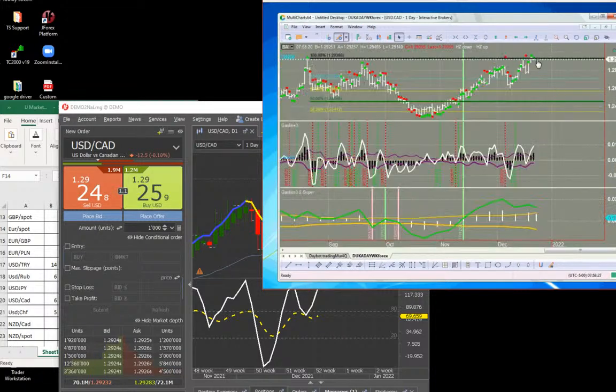There's the Canadian playing with the top end of its range. All right. Get rid of that. There we are. So that's the situation there. Now, the Canadian is still just inching its way up to the top end of the range again, and the weekly is not letting go. You can see that there.